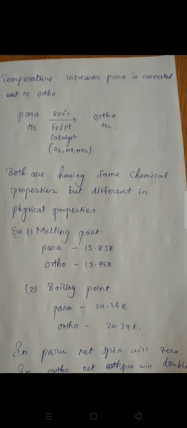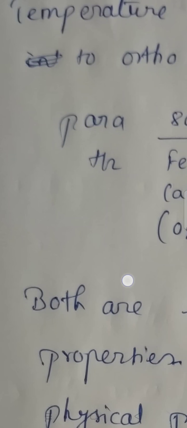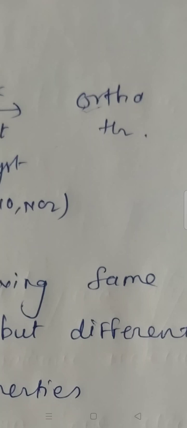Or if we use a catalyst like iron or platinum, para hydrogen is converted into ortho hydrogen. Or if you subject oxygen, NO or NO2 to para hydrogen, then para hydrogen is converted into the other hydrogen molecule.